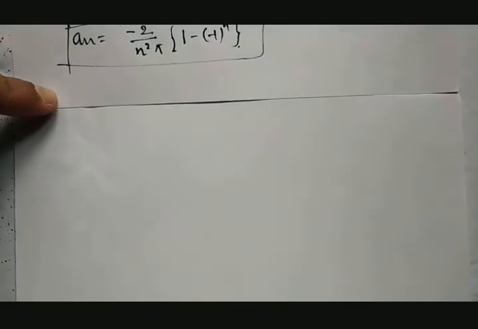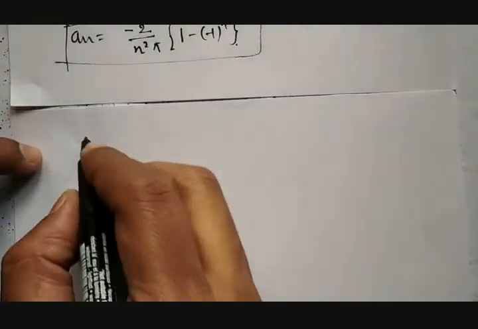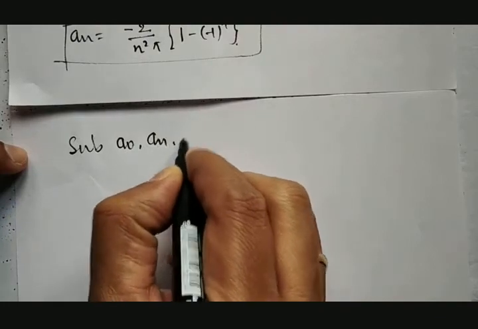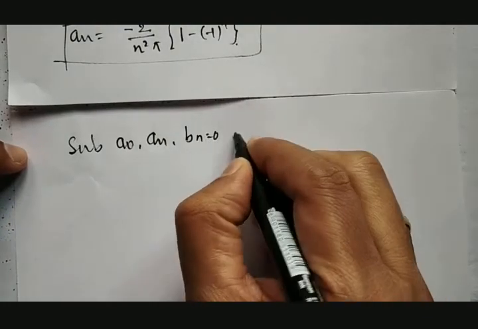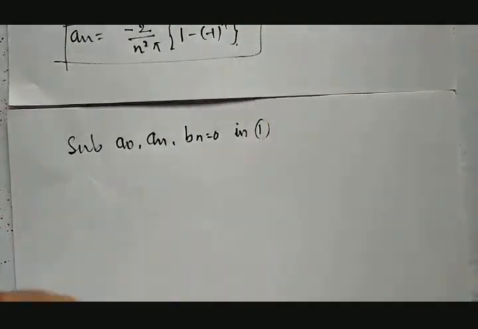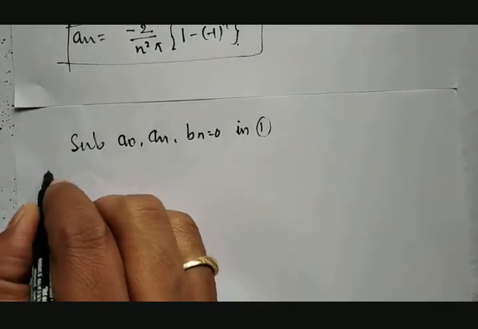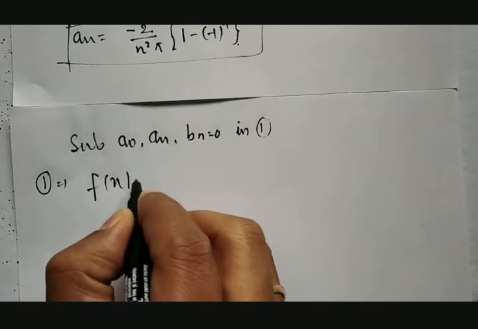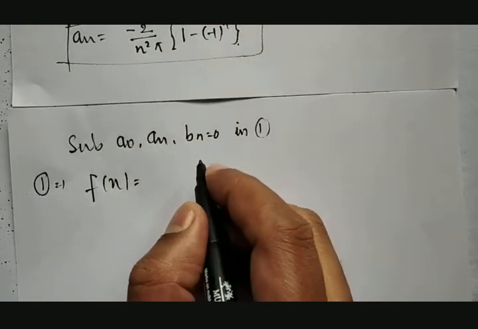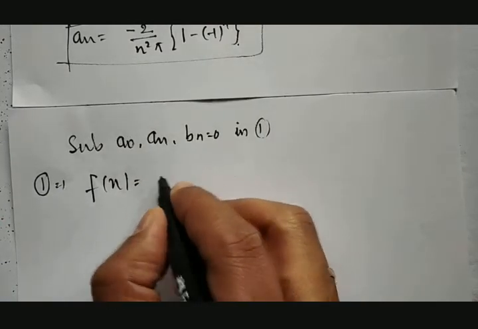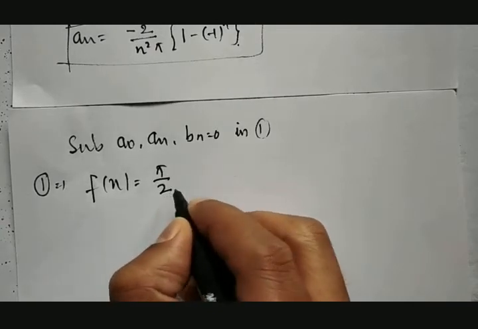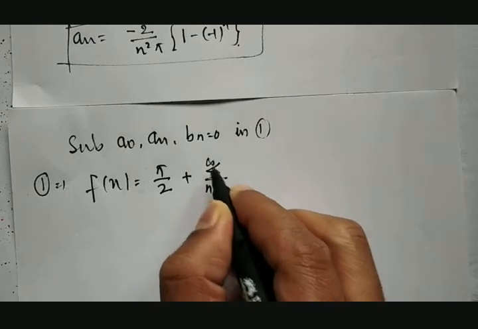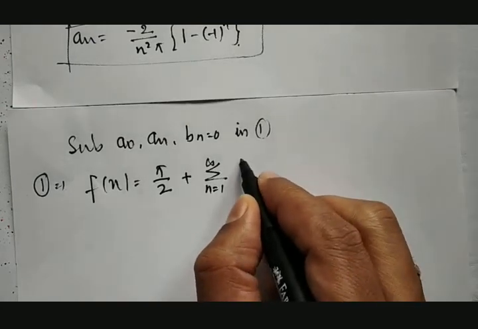Substitute, since bn is already 0, substitute a0, an, and bn equal to 0 in equation number 1. Therefore, equation number 1 becomes f of x is equal to a0 by 2. a0 by 2 is what? Pi by 2, plus summation from n equal to 1 to infinity of an. What is an?